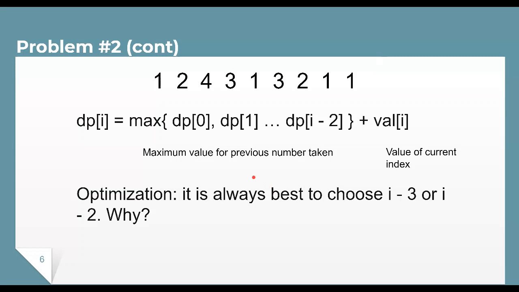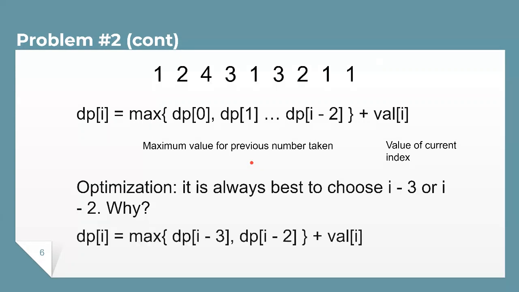Because they are larger than any other number, they include all subsets. Yes, basically. If we have this 3, we could either take I minus 2, which is this 3, or I minus 3, which is this 4.